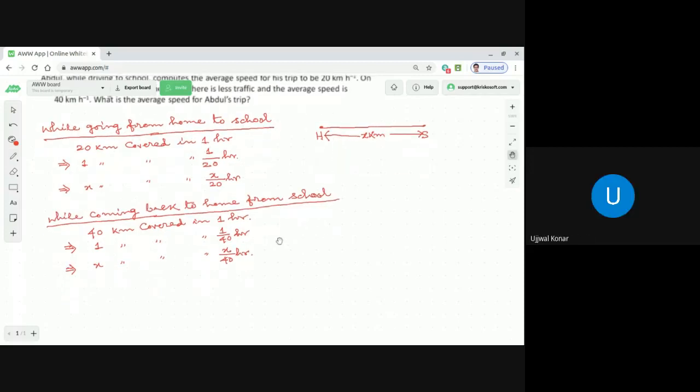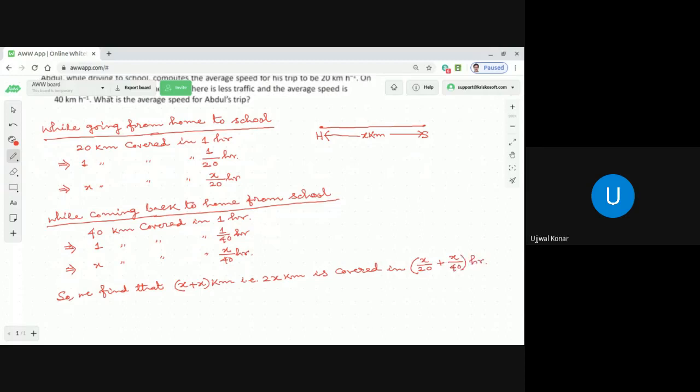So what we find is that x plus x kilometer, that is 2x kilometer, is covered in x by 20 plus x by 40 hours. Correct or not?